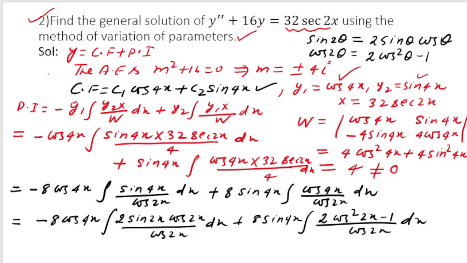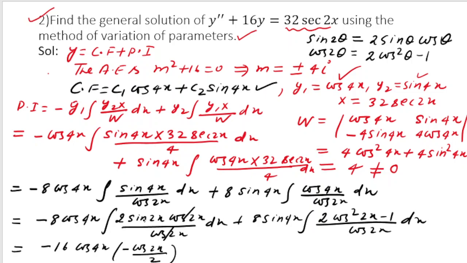Now this cos 2x and this cos 2x cancel, and so what I am getting is minus 8 into 2, so I can write minus 16 cos 4x, and the integration of sin 2x, that will be minus cos 2x by 2. I hope you remember the integration of sin x is minus cos x, but here the coefficient of x is 2, so I need to divide by 2, so that is minus cos 2x by 2, and plus here what I get is 8 sin 4x, and this integral I have to do.